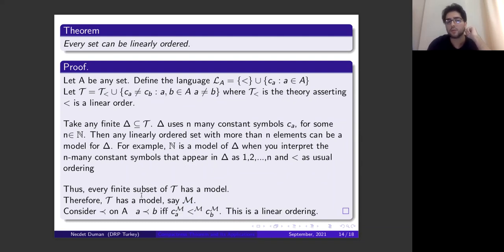And now we can linearly order A as a is smaller than b if and only if the interpretation of c_a in M is smaller than the interpretation of c_b in M. And this finishes our proof.